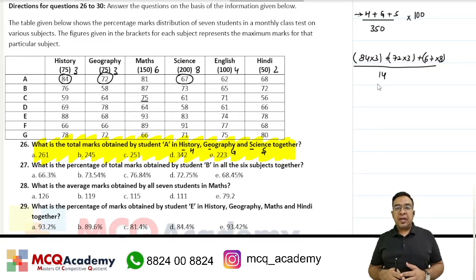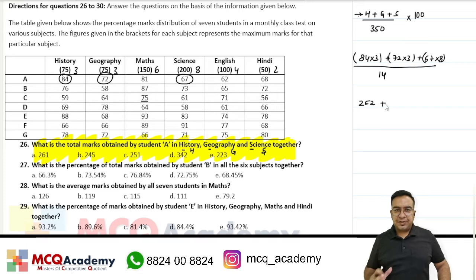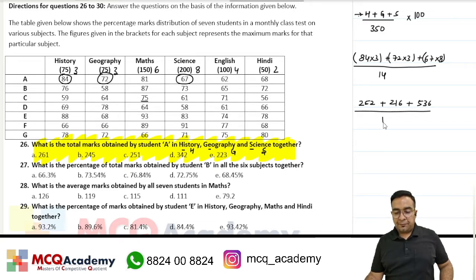This will give me the average percentage of these three subjects. So 84 into 3 will be equal to 252, 72 into 3 will be equal to 216 and 67 into 8 will be equal to 536. Dividing this value by 14, the total will be equal to 1004 divided by 14, which is equal to 71.7.